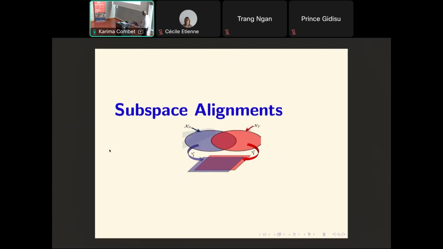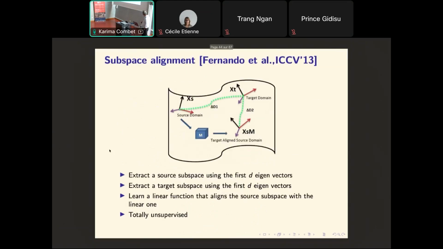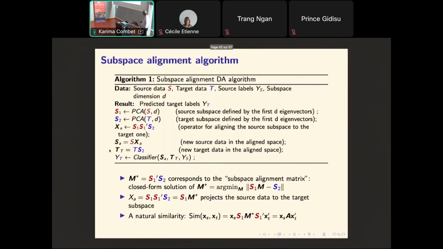And so to do that, there is a family called subspace alignment, where what you can try to do is to align the two domains. One very basic algorithm that I present, because actually it was provided here, is to align the two models by doing a subspace alignment. So it's very basic. You take the source domain, you apply PCA, you take the first d eigenvectors, you do the same for the target domain.